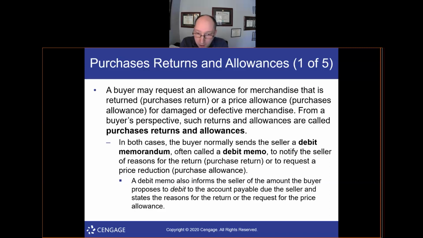You say, it doesn't fit. What the store will do is they'll record what they call a debit memo. It's the reason for the return. It informs the seller of the amount of the purchase to debit the accounts payable due to the seller, assuming that they paid on account.